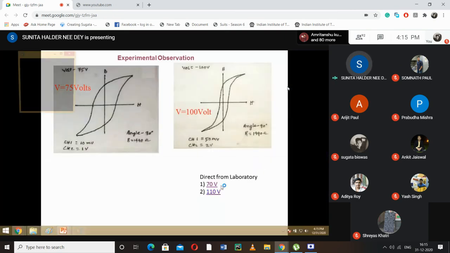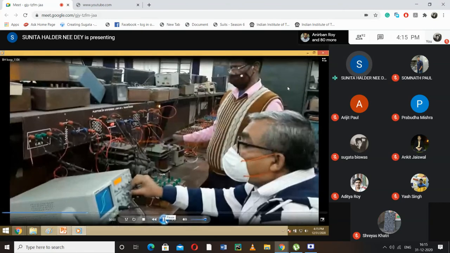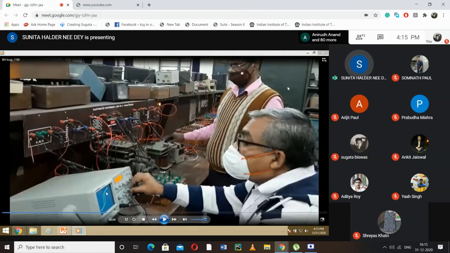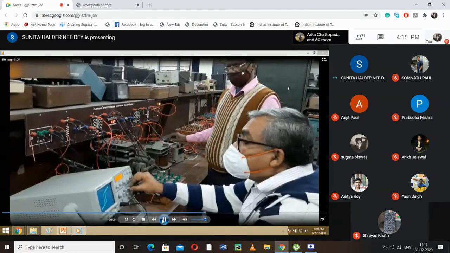Similarly, for 110 volt, it will be beyond the screen, so you have to adjust the scale again. Some overlapping is coming because I1 is not perfectly the magnetizing current; some secondary component is there along with it. So there will be some overlapping. That is the limitation of our experimental setup.